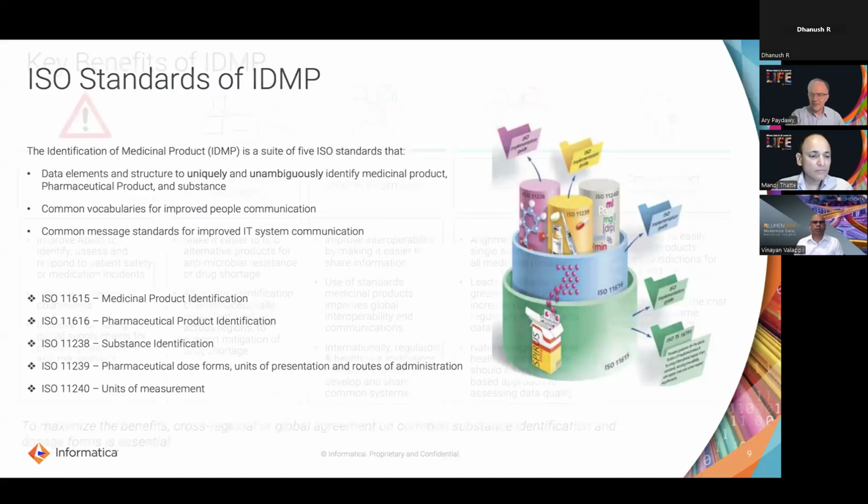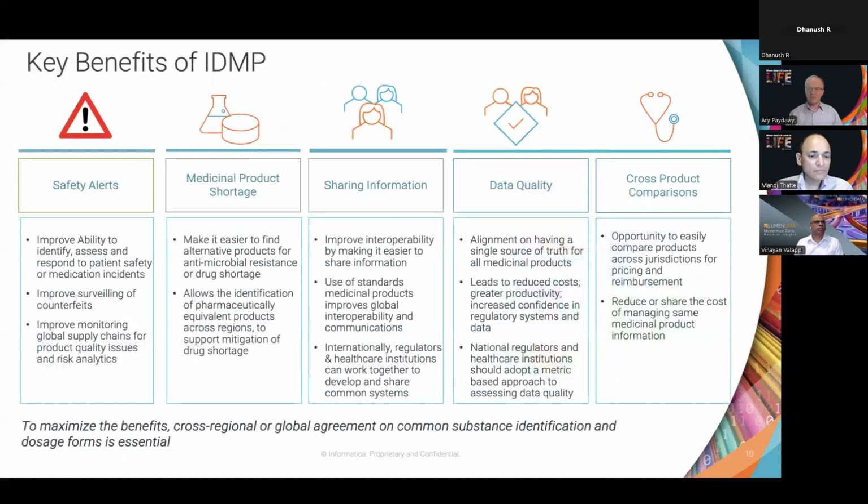There are a lot of benefits when you look at IDMP, and these benefits are not just for the healthcare providers and patients, but also for the pharmaceutical companies and life science companies. If we look at the 5 segment areas, for example on the safety side of things, they want to be able to easily identify and assess patient safety.